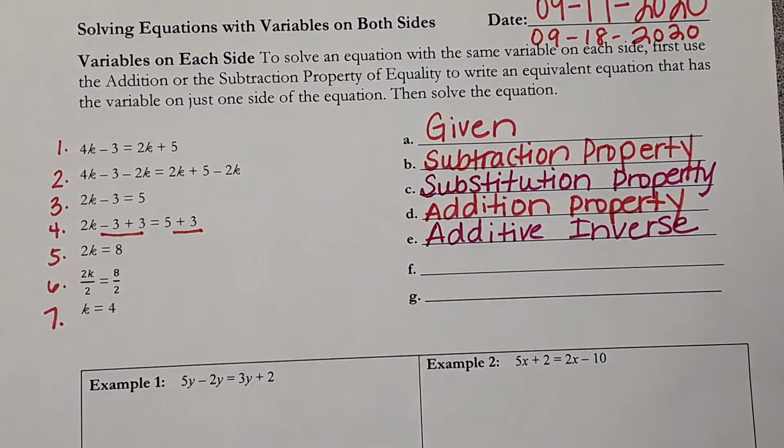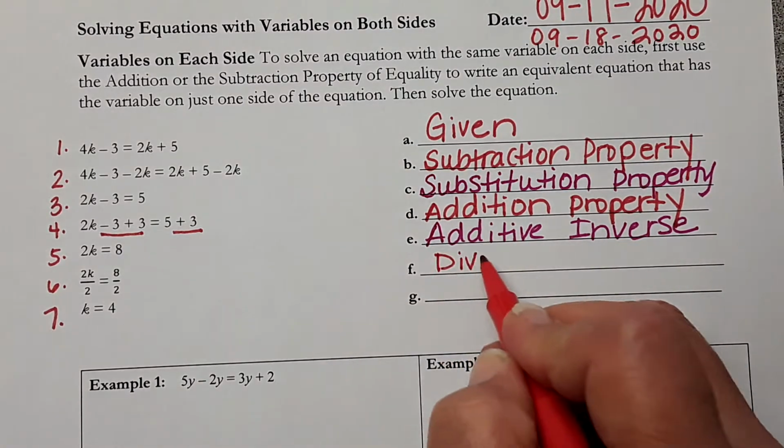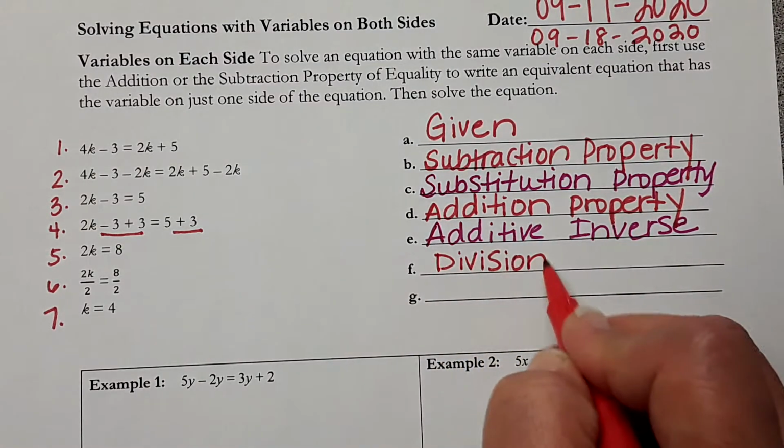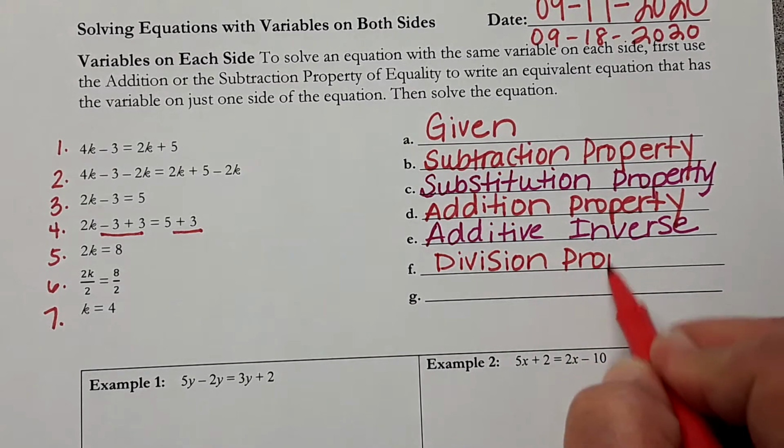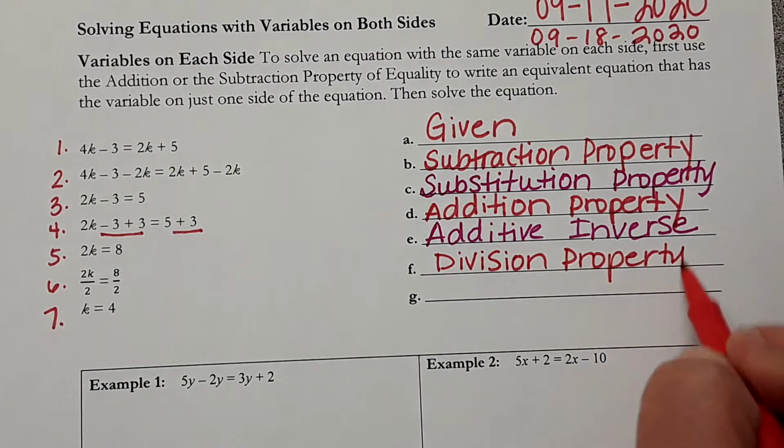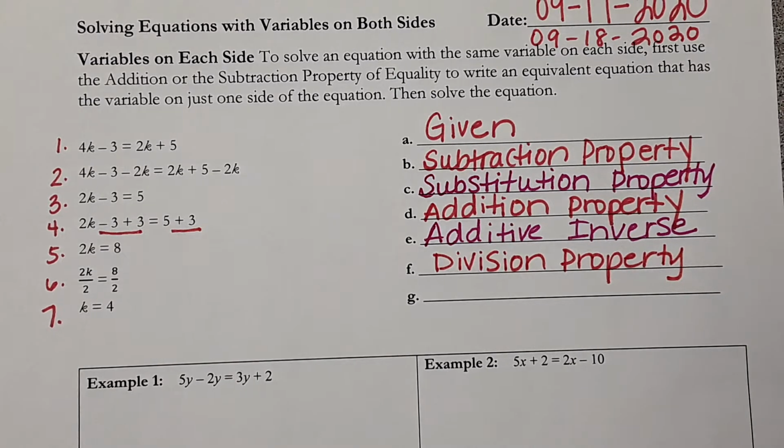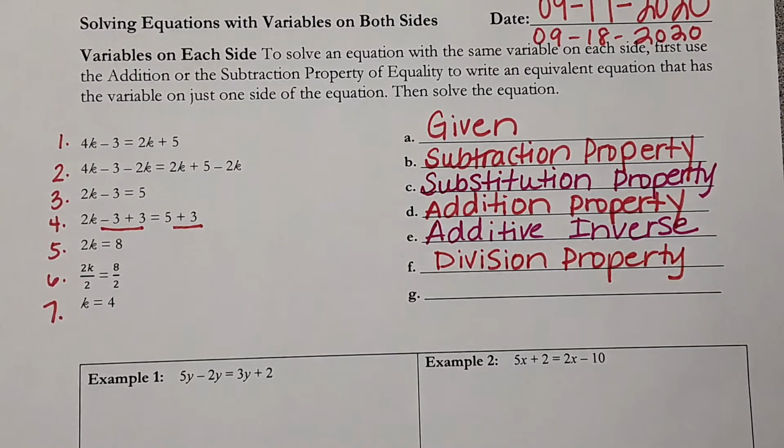Okay, now, what are we doing in step 6? Dividing. So our property is division. We didn't divide by inverses or anything like that, so instead of writing 2k over 2, we wrote k.